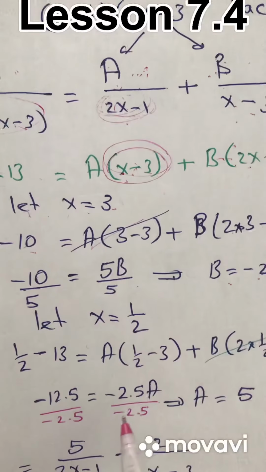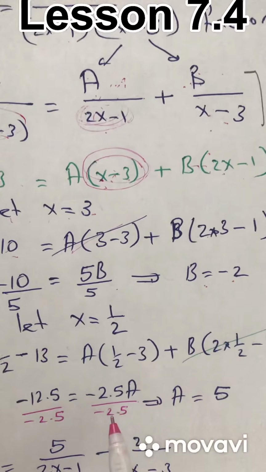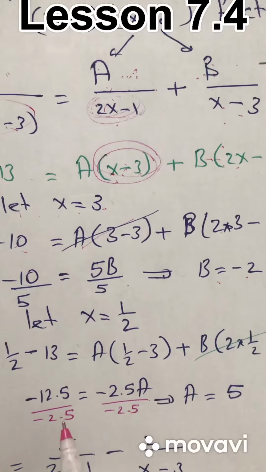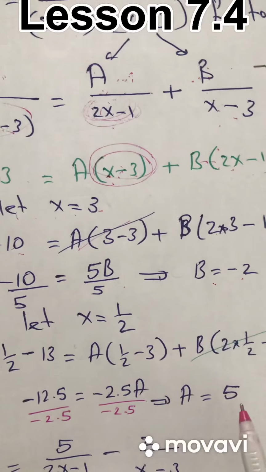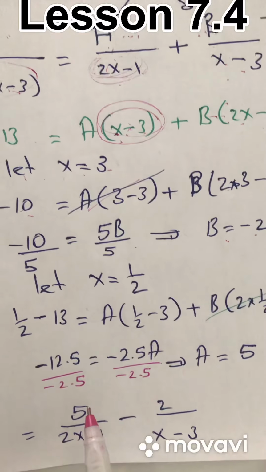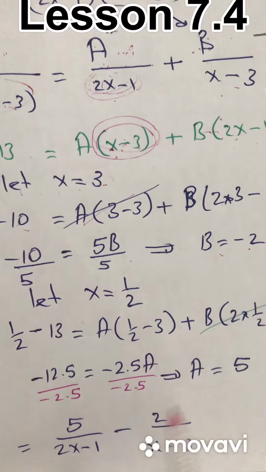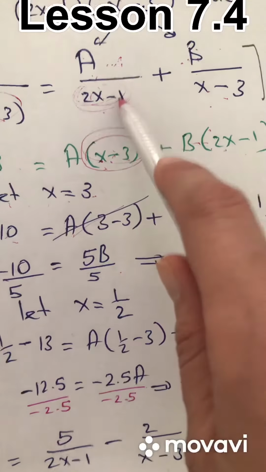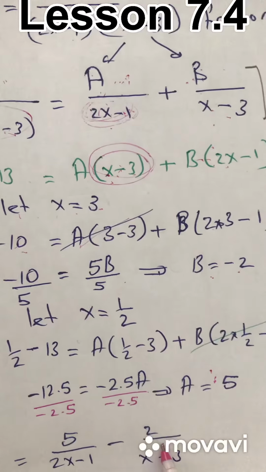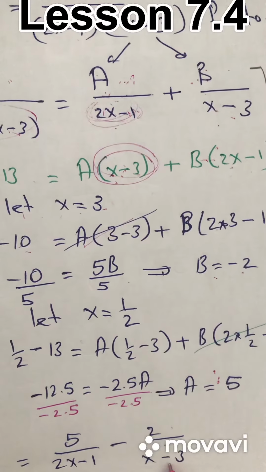Next step, I'm solving for a, of course. When I divide negative 2.5 over negative 2.5, the answer will be a equals 5. So what I did, I changed that into 5 over 2x minus 1 because I got a as 5 like in the previous step, and b as negative 2 over x minus 3.